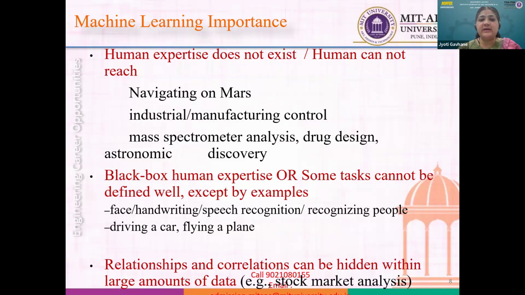The examples are navigating on Mars, where a common person is not able to reach and study the parameters or the environment, so we are sending machines to learn these things. Industrial and manufacturing control in assembly lines, spectrometer analysis, weather forecasting, astronomic discovery: there the AI systems are very, very important.